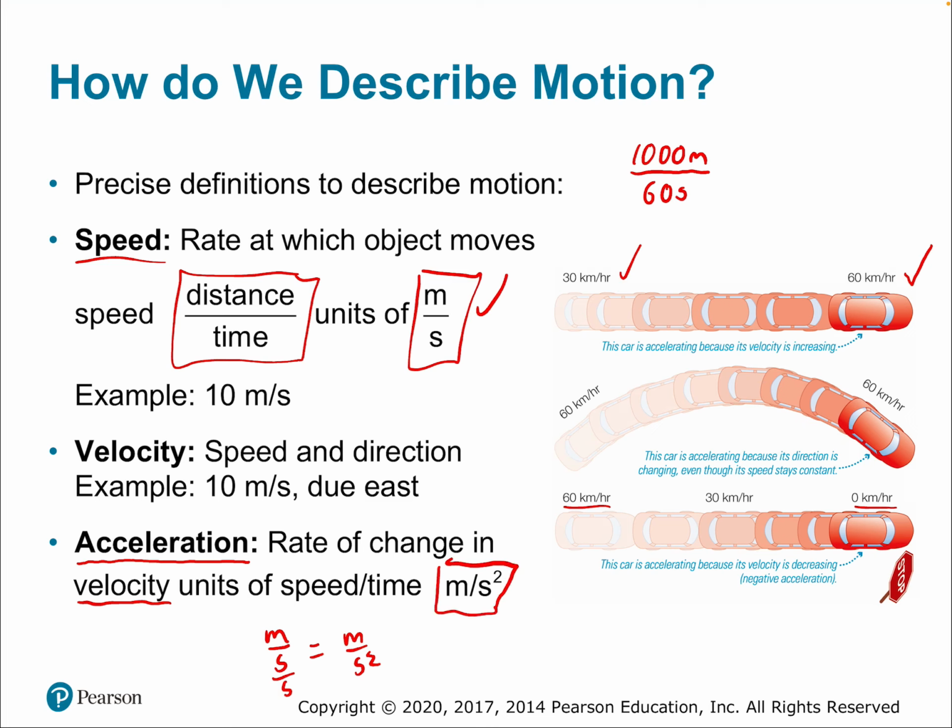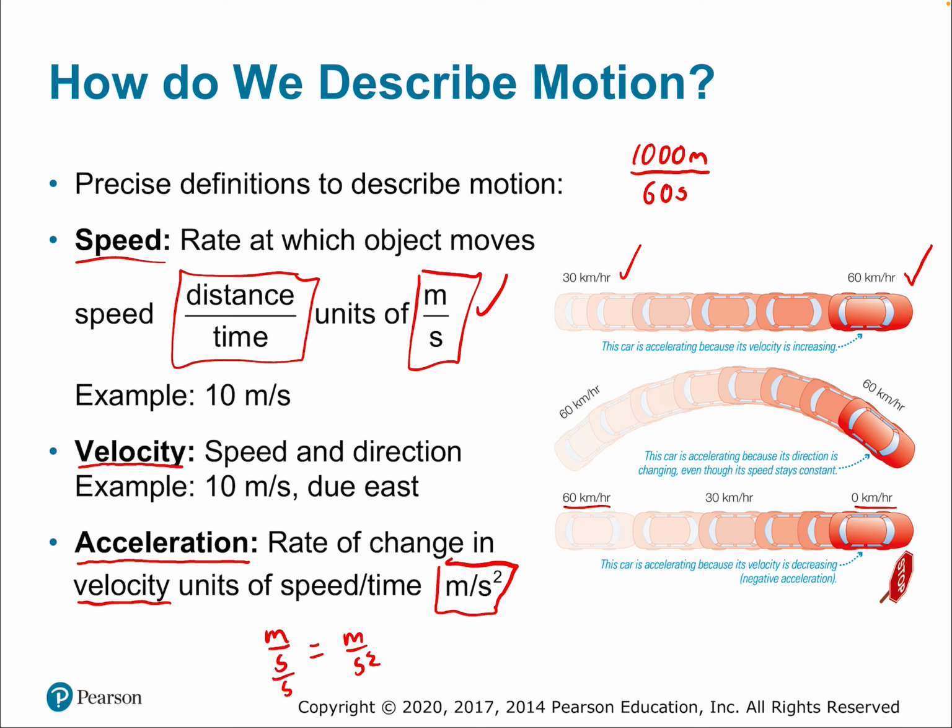Now, there's an interesting thing about both acceleration and this term velocity, because it turns out that speed is just a number, but velocity is what's known as a vector. It has both value and direction, and that's really important because we need to know where things are heading, not just how fast they're going.